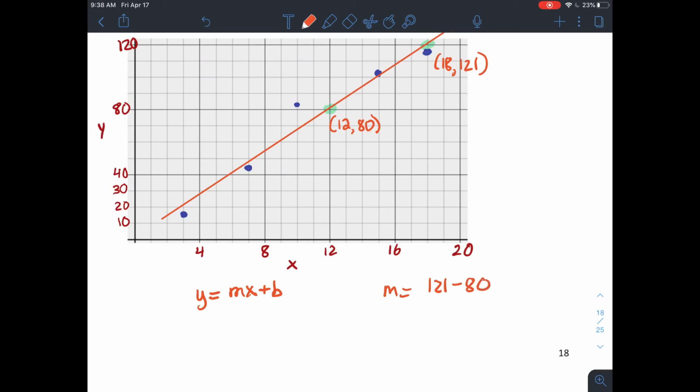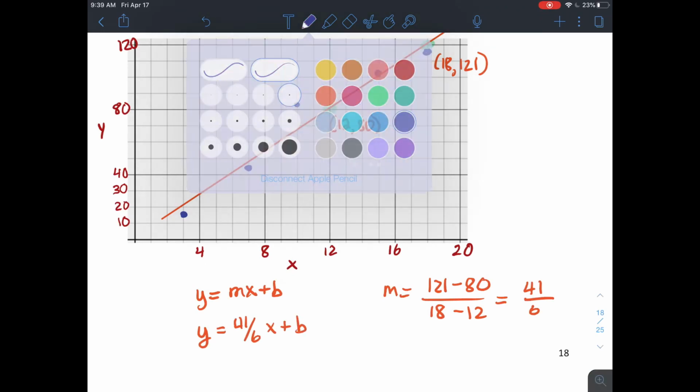So we need our slope. Just like in your warm-up, go ahead and do a little rise over run. And it may not come out pretty, and that's okay. My slope's 41/6, so a little bit less than 7. If I find my y-intercept by plugging that in, I can pick either x, y pair and plug them in.